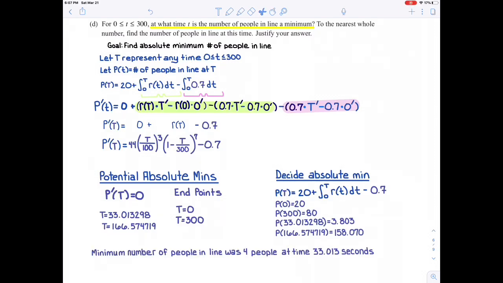The smallest output was 3.803, so therefore the minimum number of people in line was 4 people when we round to the nearest person at time 33.013 seconds. Part D was worth 4 points.